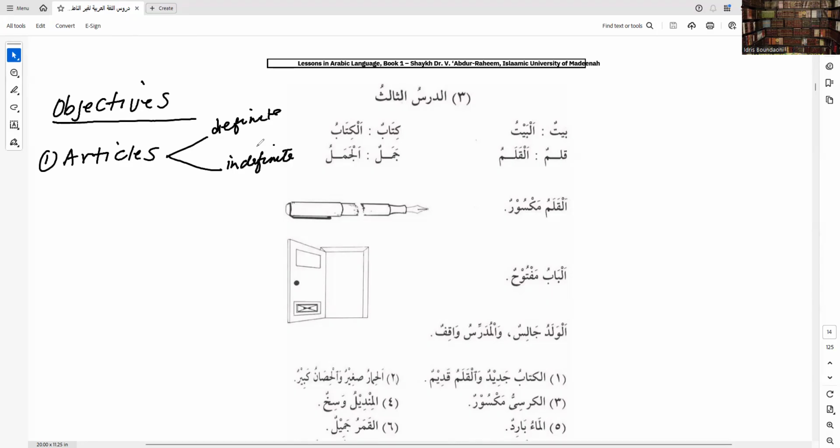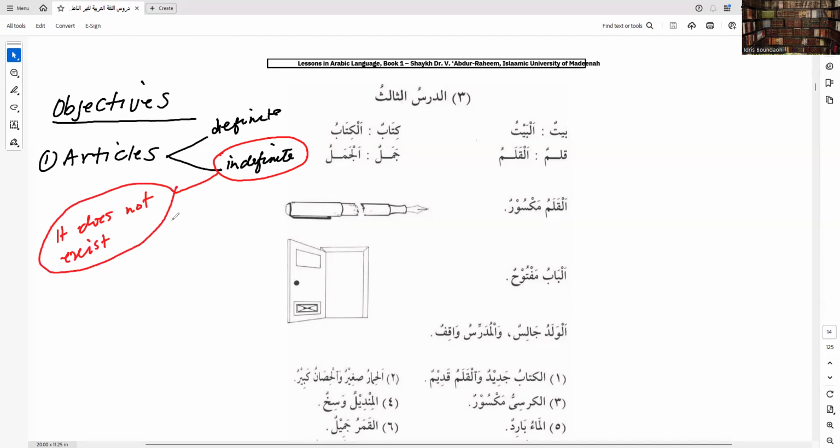Most languages have that, but what we need to know is that in اللغة العربية, in Arabic, the indefinite article does not exist.